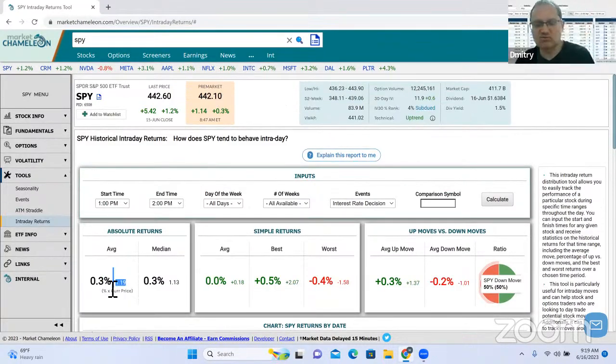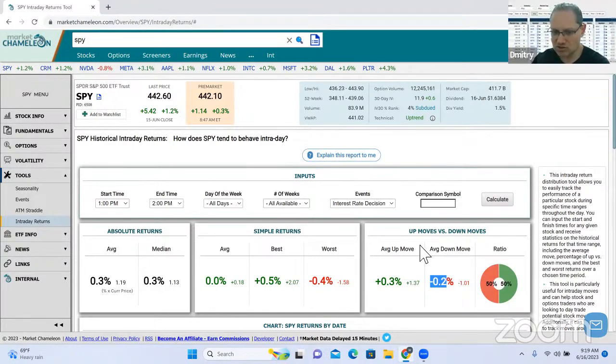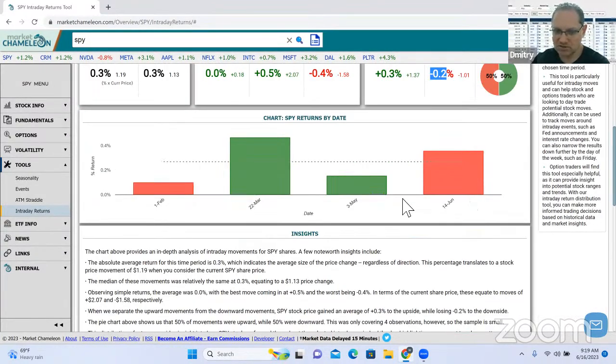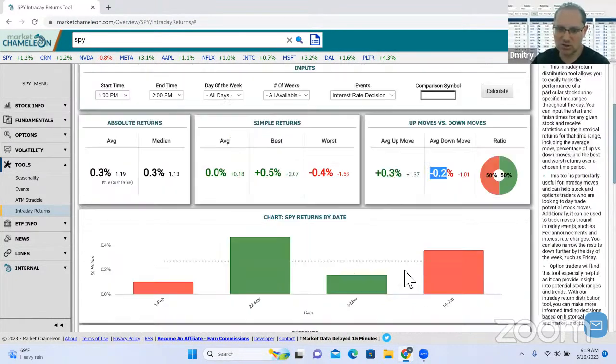Of course, if you're doing it right into it, it'll give you wherever the price is at that time. The best and worst move heading into it, 0.5% to the upside, 0.4% to the downside. Average up move, 0.3 versus average down move, 0.2, and it looks like 50-50 so far heading in. So this is before the announcement, right?